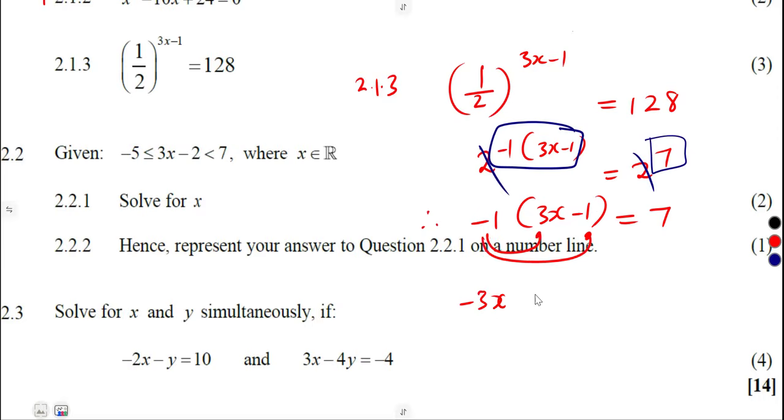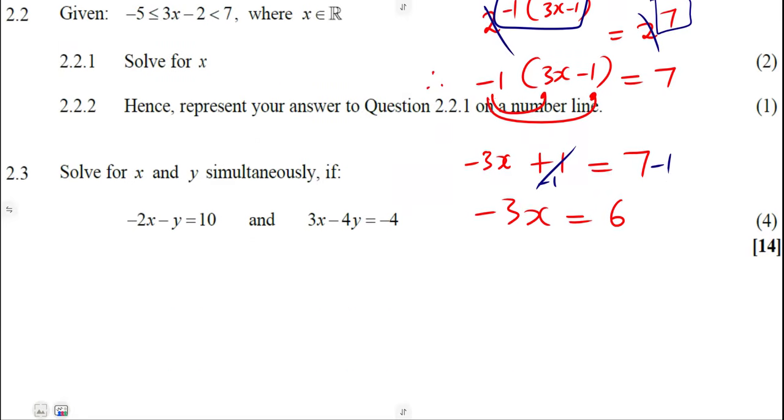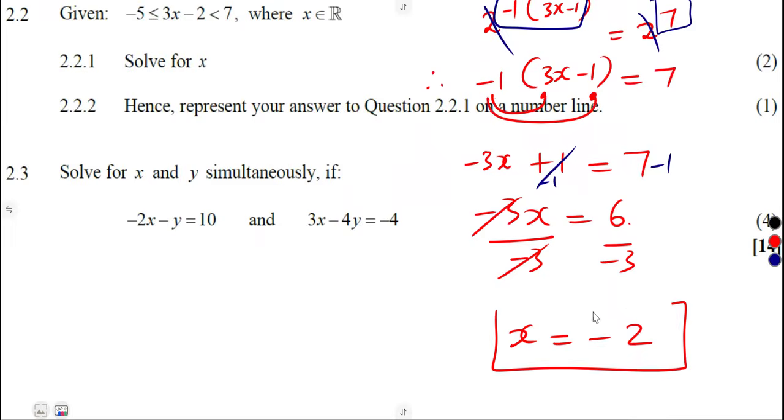Negative 1 times this is positive 1, which is equal to 7. Minus 3x is equal to what? We subtract 1 from both sides of our equation. So 7 minus 1 is 6. If minus 3x is equal to 6, therefore what is the value of x? Divided by negative 3, x is equal to negative 2 at the end of the day.